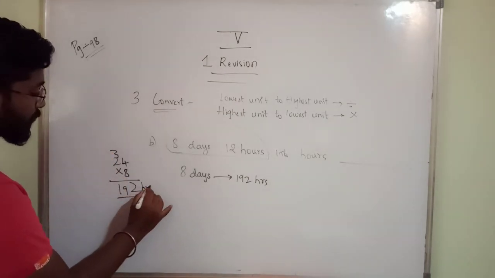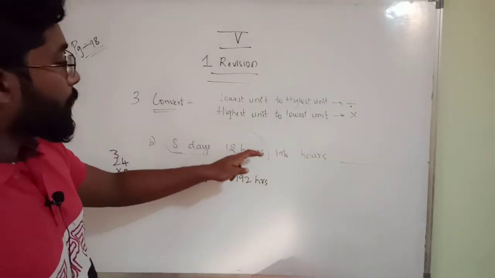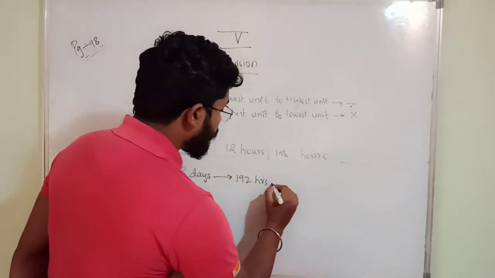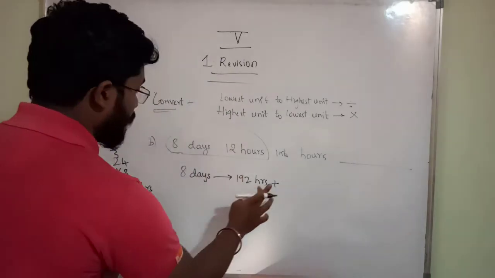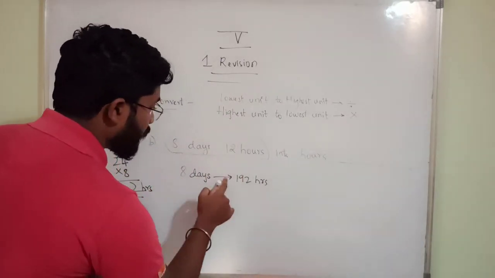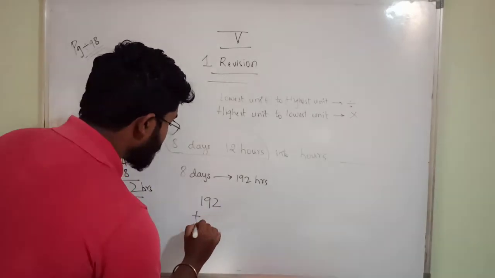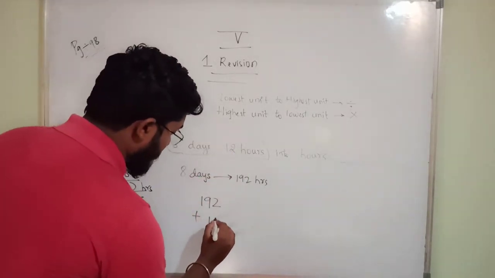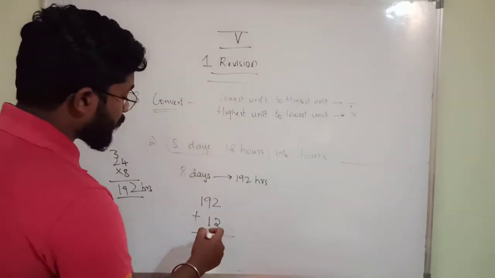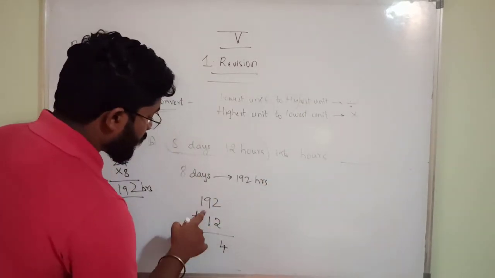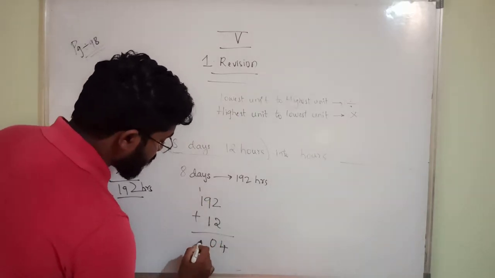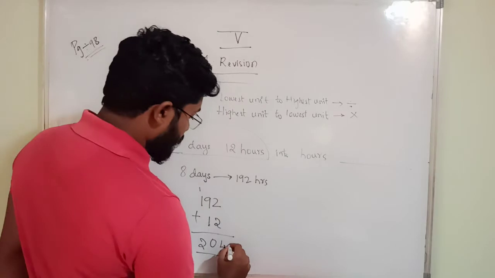192 hours. Plus 8 days, 12 hours, you have to add 12 to this. So 8 days means you got 192 hours. 192 plus 12 hours. Total in hours, 12 hours means you will get 4, 2 plus 2, 4. 9 plus 1, 10. 1 carry. Again you will get 2.